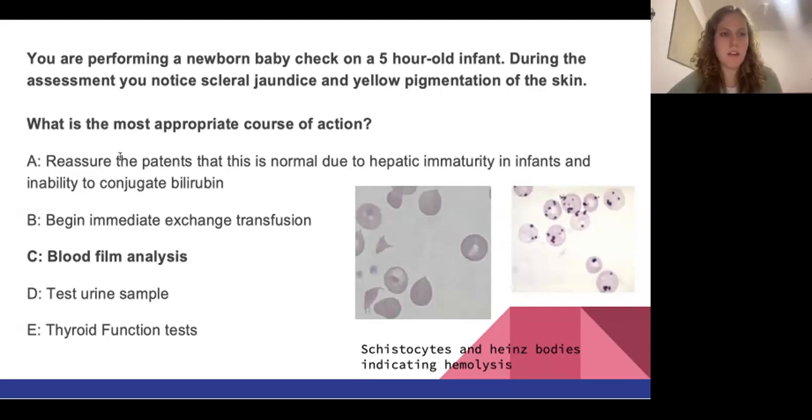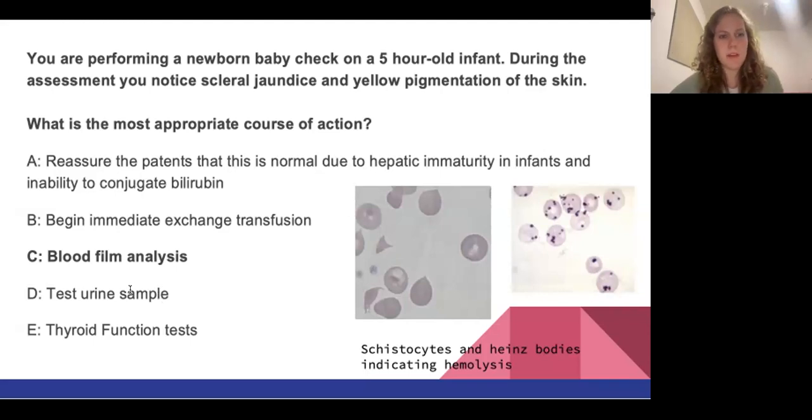First of all, it's not A because it's definitely not normal, it's always abnormal if it's less than 48 hours. It's not B because we want to figure out what's going on first, and that might not be the treatment for the hemoglobinopathy.